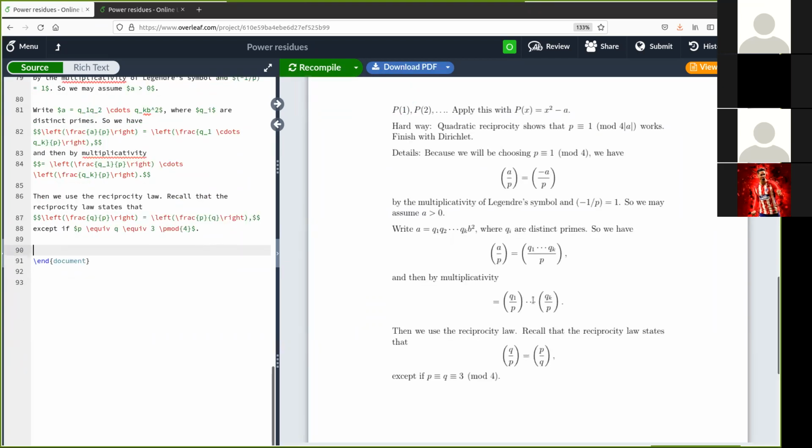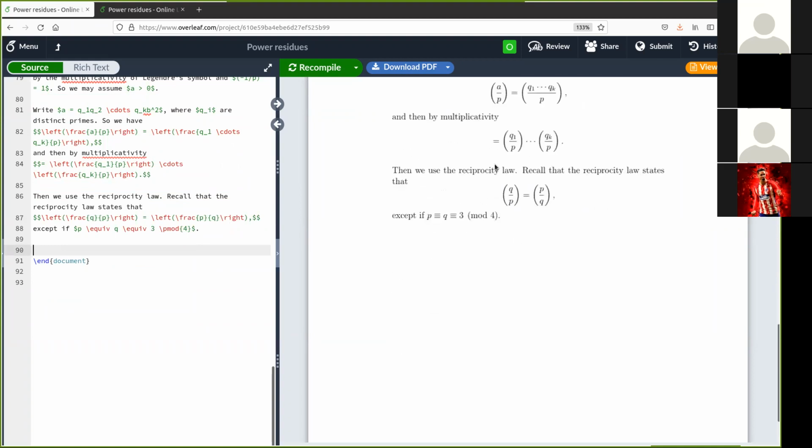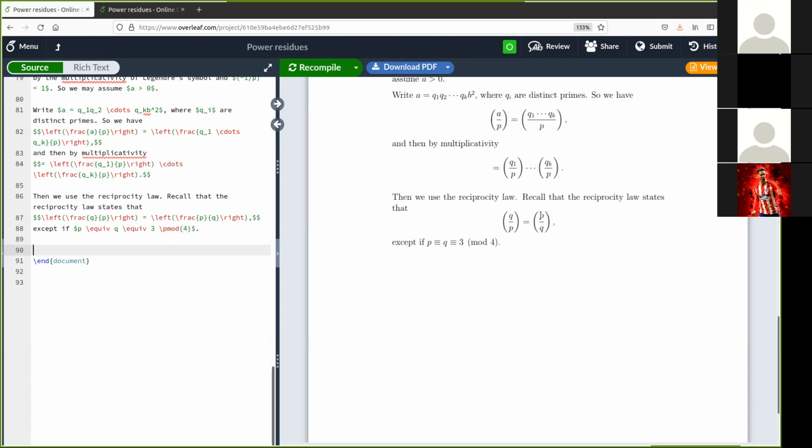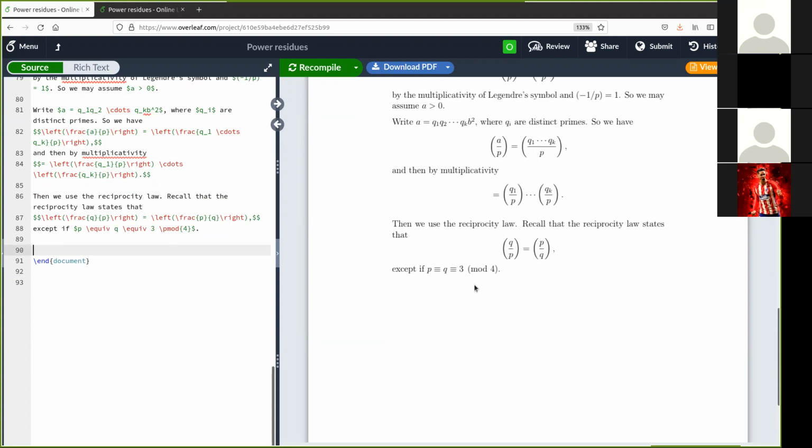So the reciprocity law says that we can swap the symbol except if both of the primes are 3 modulo 4. And as was mentioned, the law doesn't work if P or Q is equal to 2.